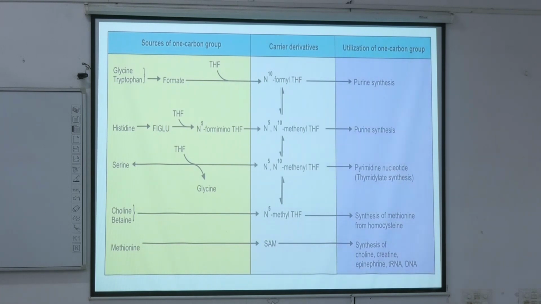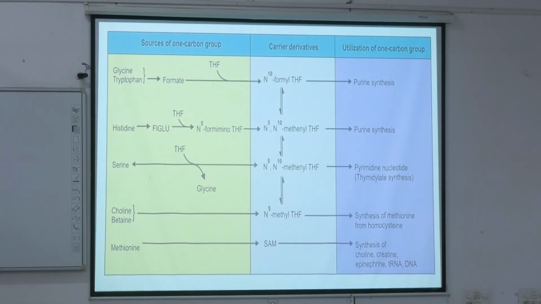Firstly there is the formation of one carbon groups by glycine and serine, and then how they are utilized. They are utilized for purine synthesis, pyrimidine nucleotide synthesis, synthesis of methionine from homocysteine, synthesis of choline, creatine, and epinephrine, and DNA and RNA. All these are very important.